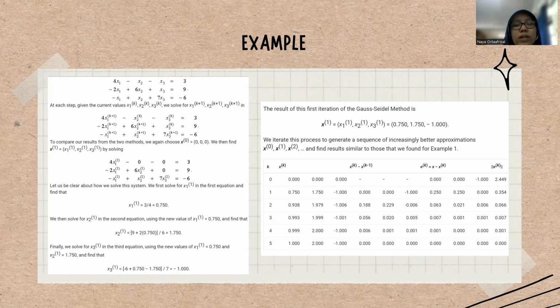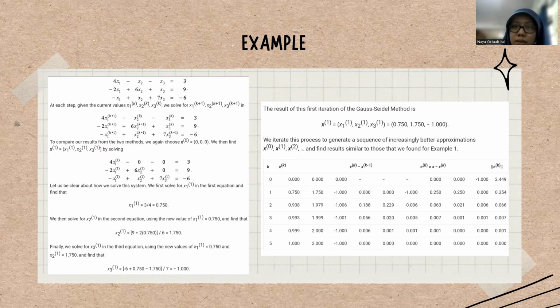Finally, we solve for x3,1 in the third equation using the new values of x1,1, 0.75, and x2,1, 1.75, and find that x3,1 equals minus 1.